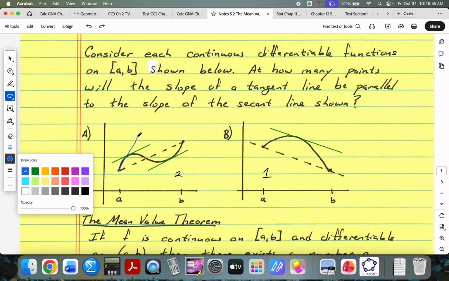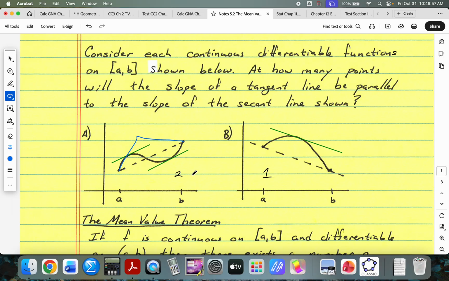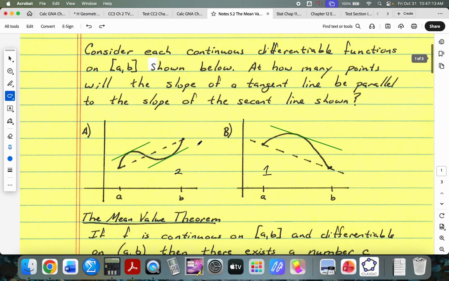Like if I went up here and then went down like that, right? Now this isn't differentiable everywhere, and so I don't have a tangent line parallel to this. Okay? So this is the idea behind the mean value theorem.